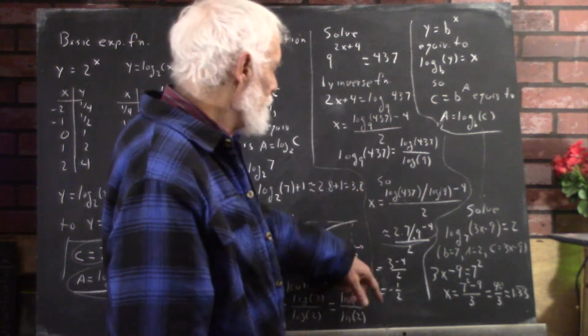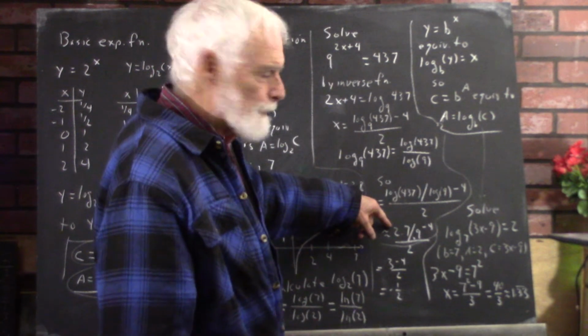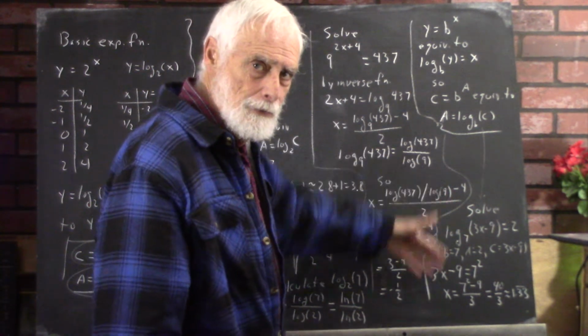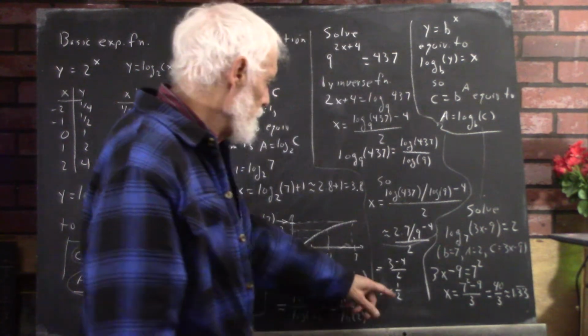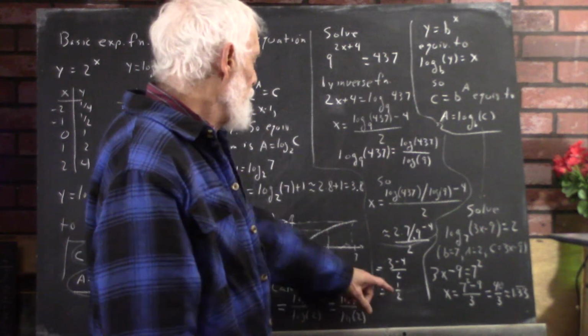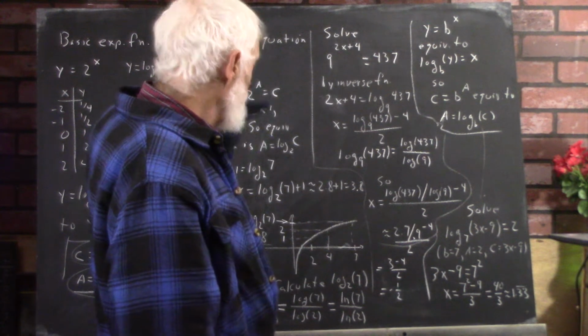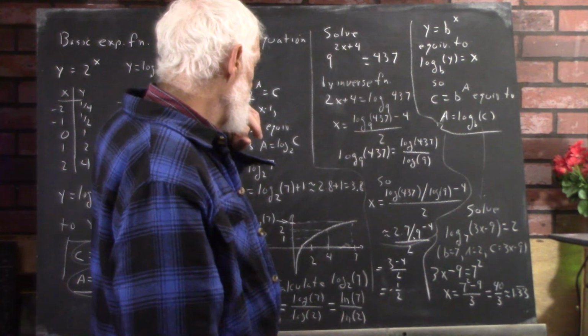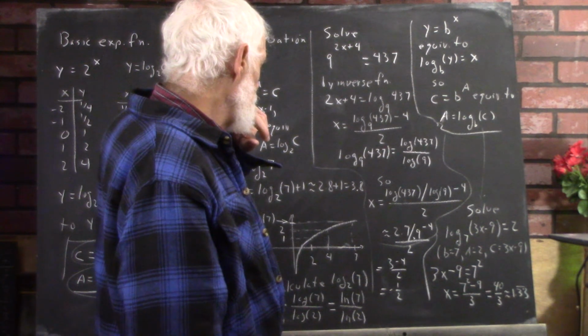So I didn't complete the solution. I stopped when I'd estimated this log, because I got to talking about that, and didn't finish the problem. Okay, well, here it's finished. If you put negative 1/2 in here, you get something that doesn't work at all.